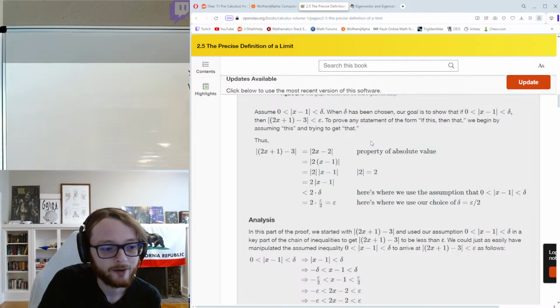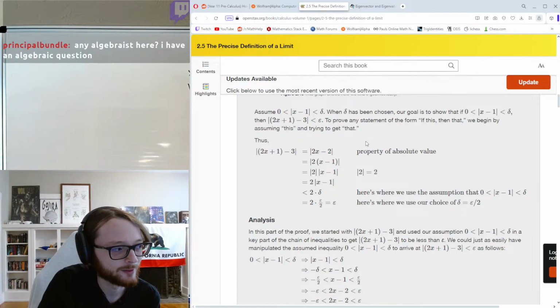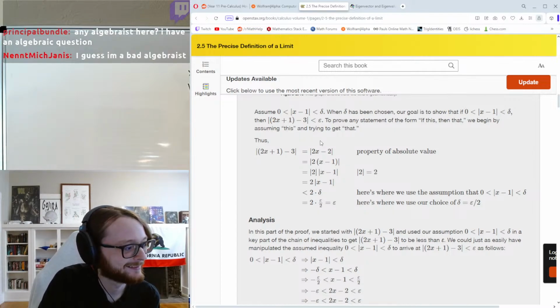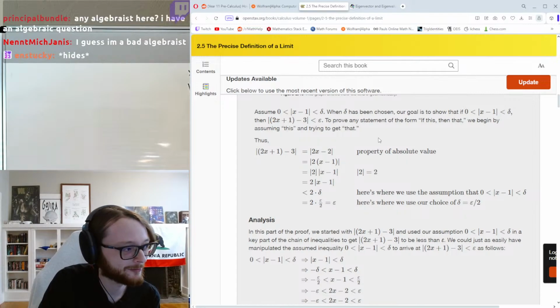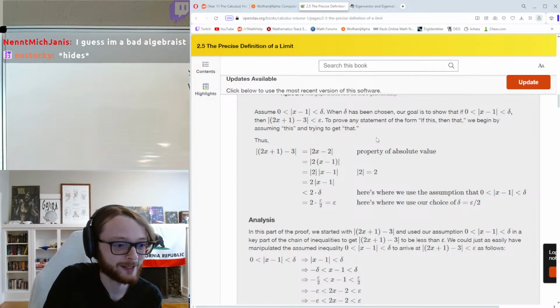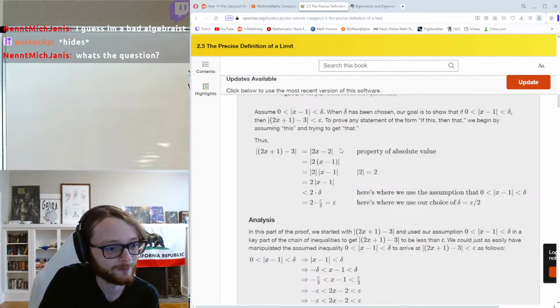Any algebraists here? I have an algebraic question. Ooh, I'm not aware of someone who's good with algebra that, like, takes questions. That's kind of been like a gap. I know there's a lot of math streamers who have at least a little bit of knowledge about algebra, but no one who specifically likes algebra who streams, as far as I know. Stooky hides, yeah. I'm definitely not going to call anyone out for algebra.